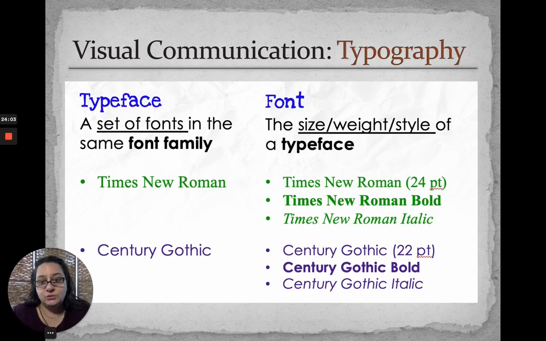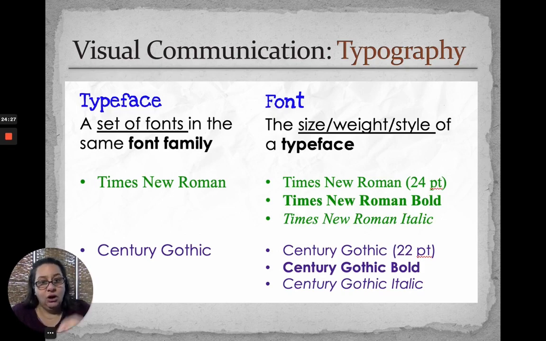Times New Roman is a typeface, a font family. Century Gothic, those are the two examples we're going to play with. A font is the size, weight, and style of a typeface. So Times New Roman 24 point is a font, but Times New Roman itself is a typeface.